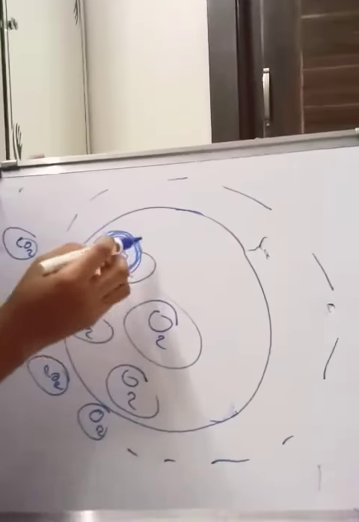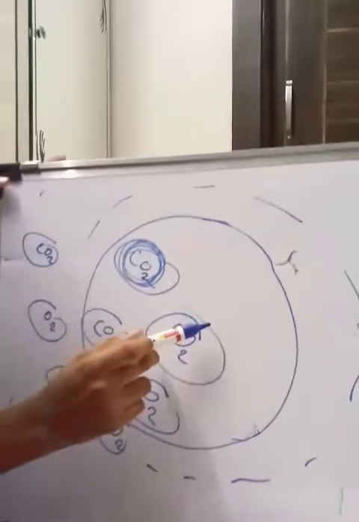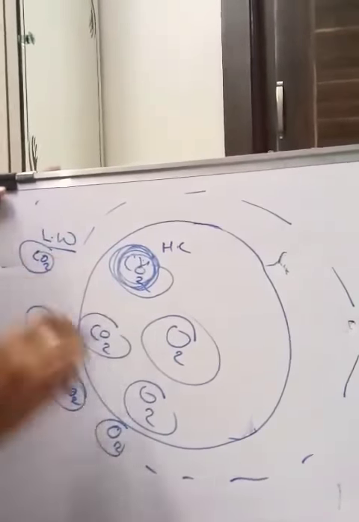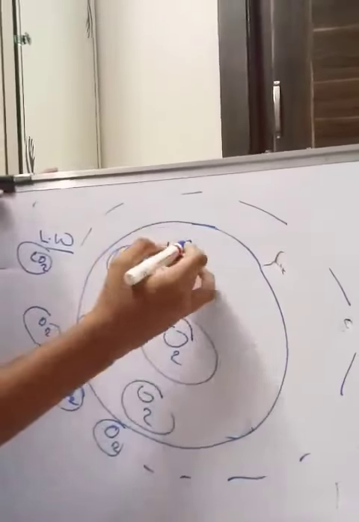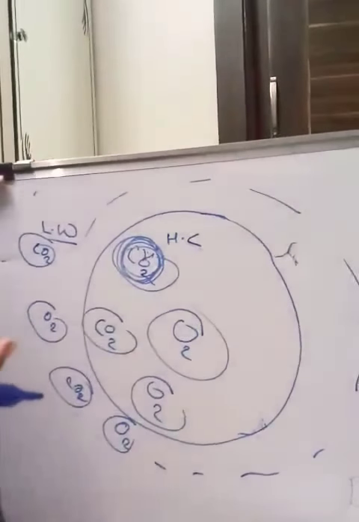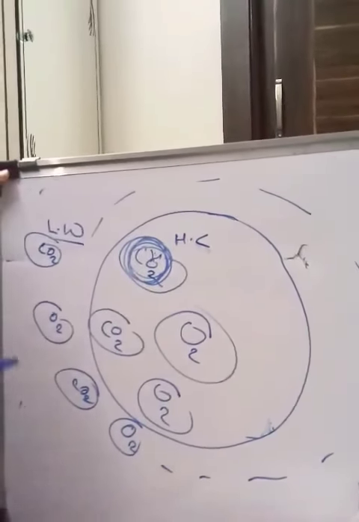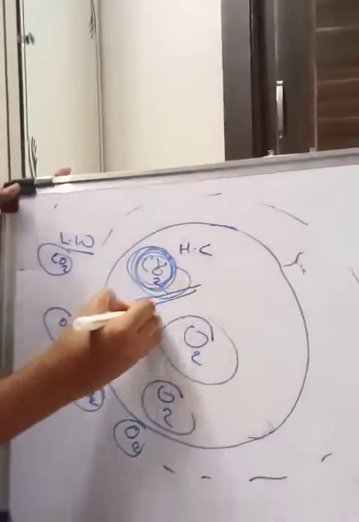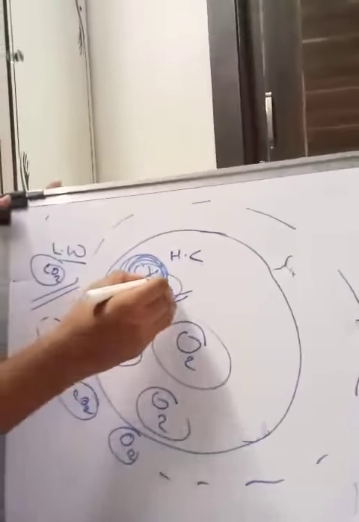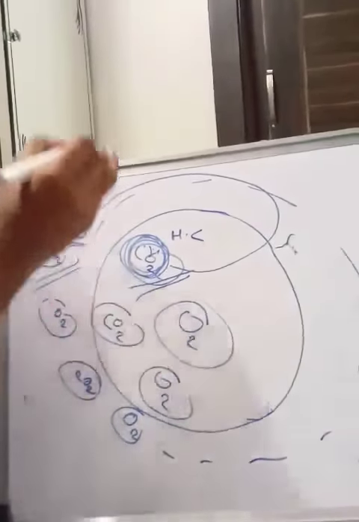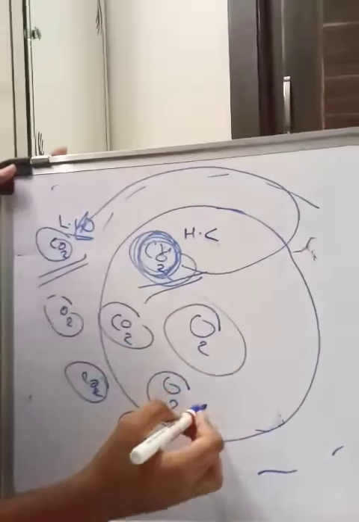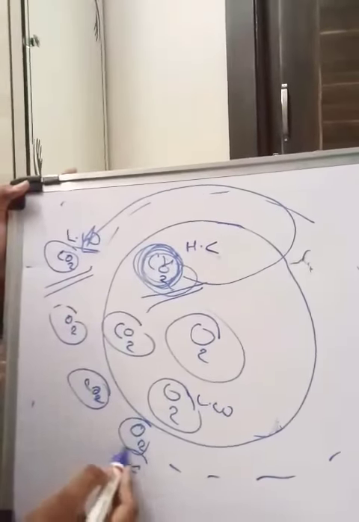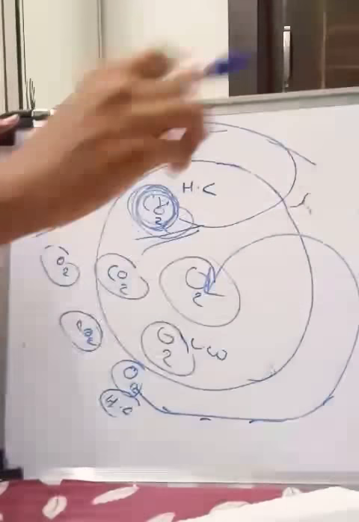Here CO2 has a higher concentration, and outside CO2 has a lower concentration. Diffusion means movement of substances from higher concentration to lower concentration. So CO2 will move outside the cell. O2 has a lower concentration inside and a higher concentration outside, so O2 will move inside the cell.